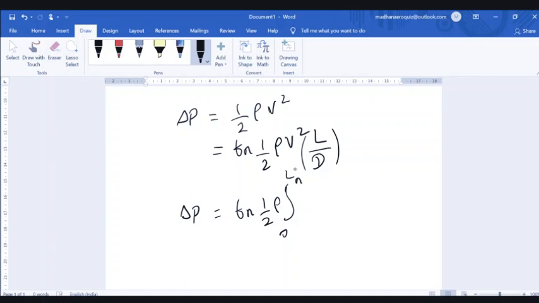That is the change in area from section to section. So 0 to Ln, and then we have Vn square here. And then from section to section the length varies. So it is the change in section, divided by the diameter at each and every section.